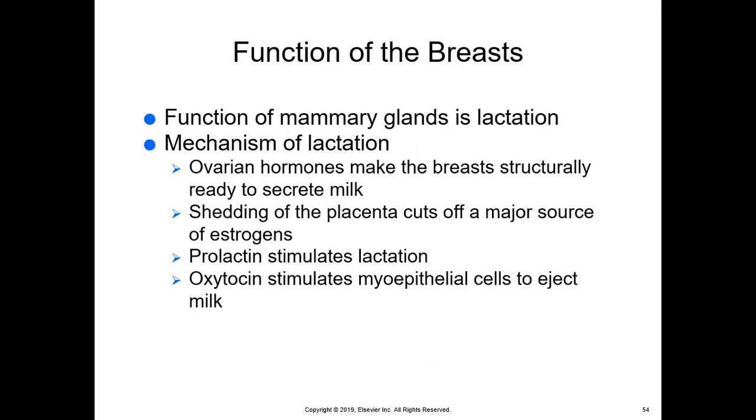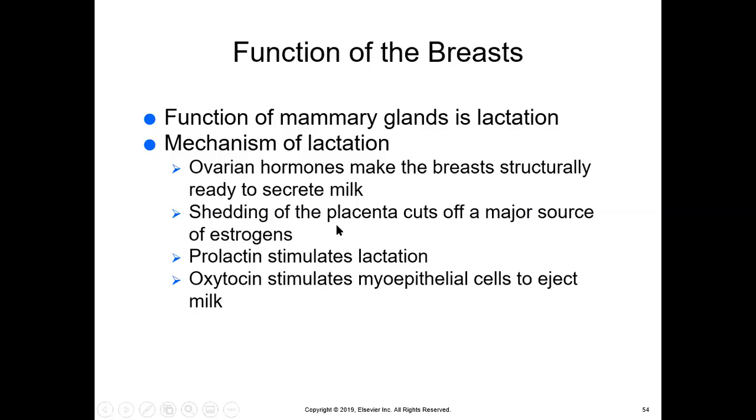So, the mechanism of lactation: the ovarian hormones, estrogen and progesterone, make breasts structurally ready to secrete milk. Shedding of the placenta cuts off a major source of estrogens. Then prolactin stimulates lactation after delivery, and oxytocin stimulates the myoepithelial cells to eject milk.